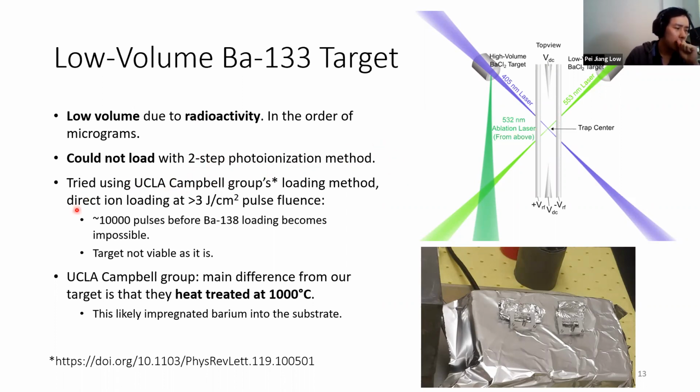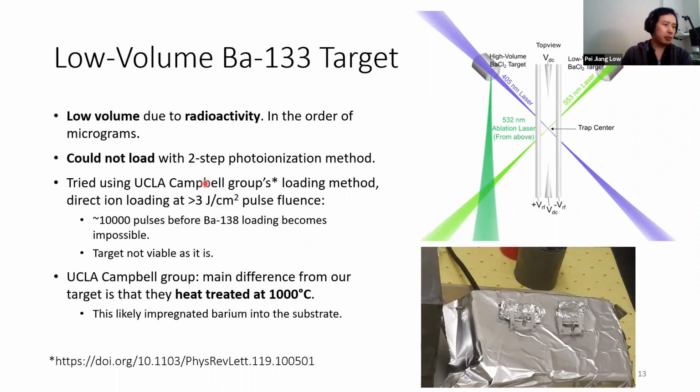What they do is they use a direct ion loading method, which sends a much higher pulse energy to the target to generate barium ions directly. So it is about an order of magnitude higher. And then they time when they turn on their trap voltage to trap the ions as they fly towards and into the trap center.